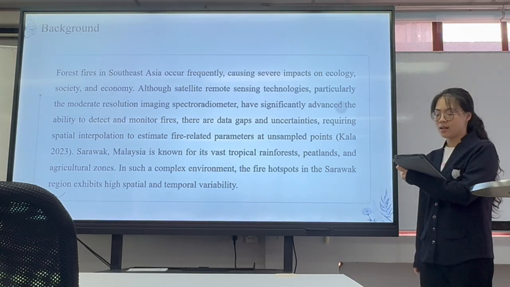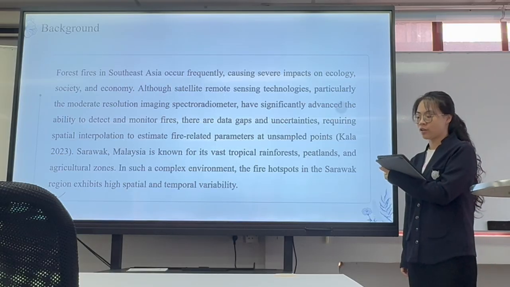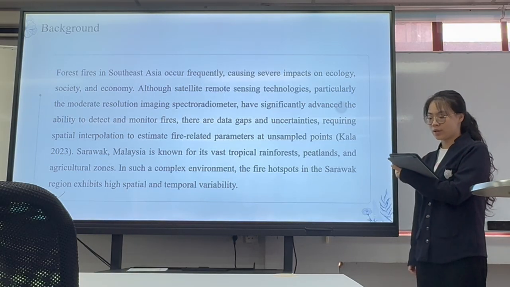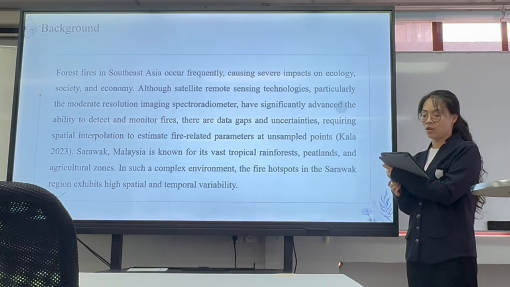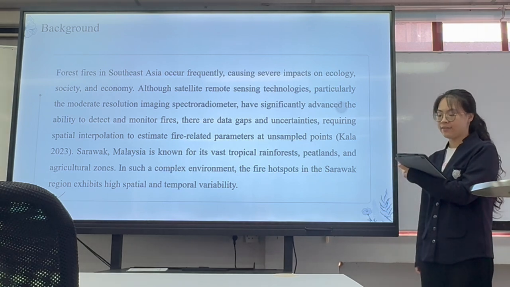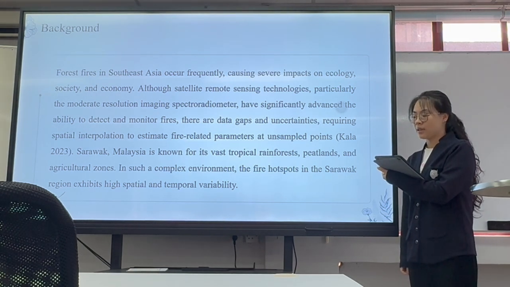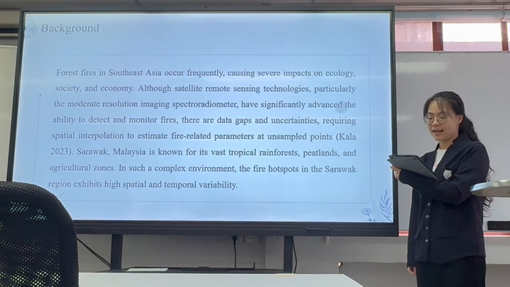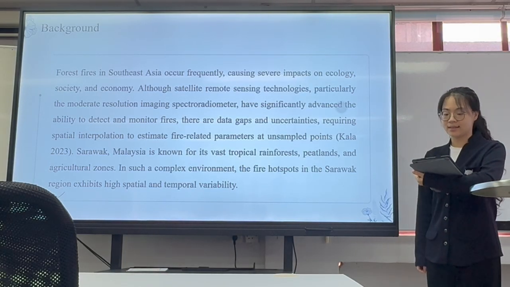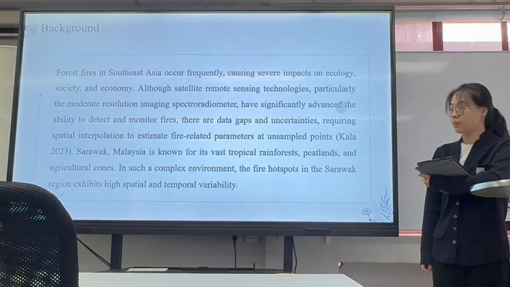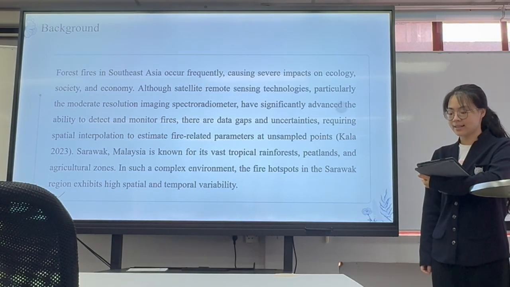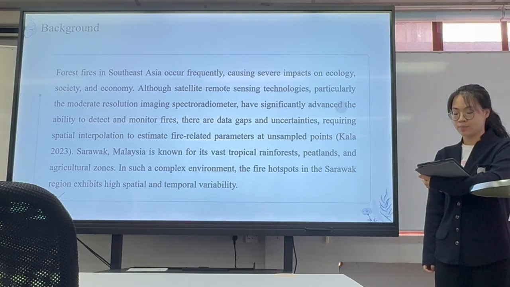Although satellite remote sensing technology, particularly the Moderate Resolution Imaging Spectroradiometer, has significantly advanced the ability to detect and monitor fires, there are data gaps and uncertainties requiring spatial interpolation to estimate fire-related parameters at unsampled points.